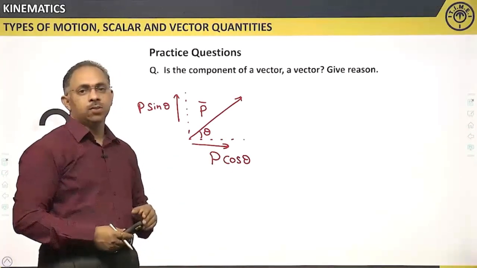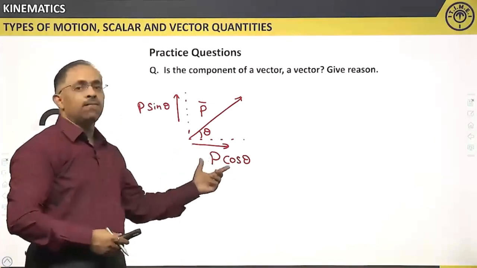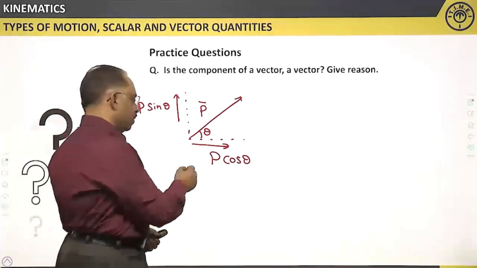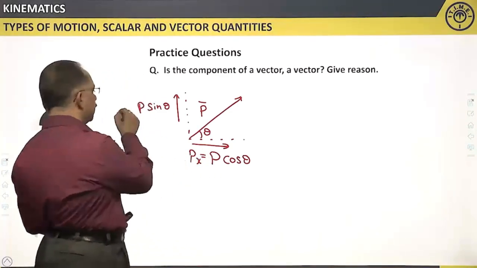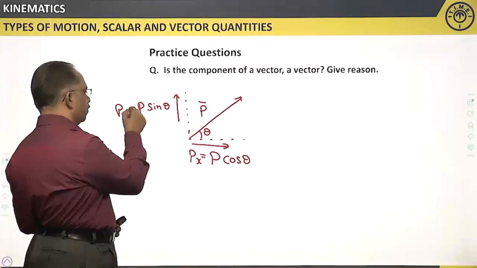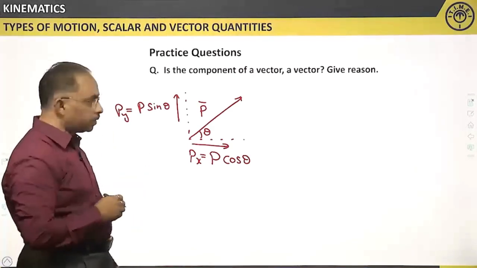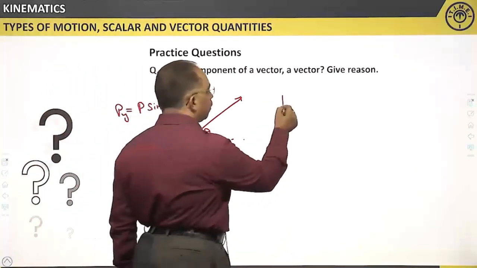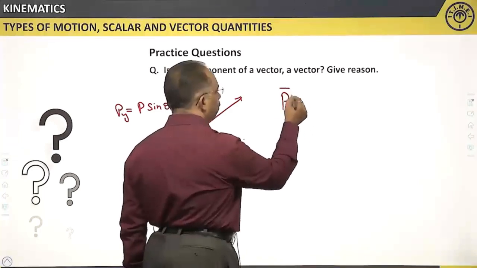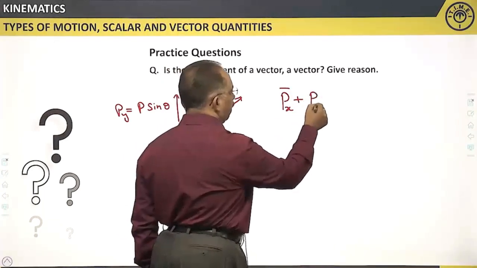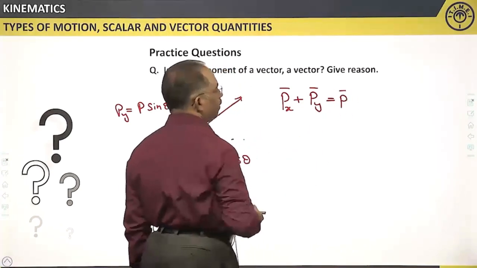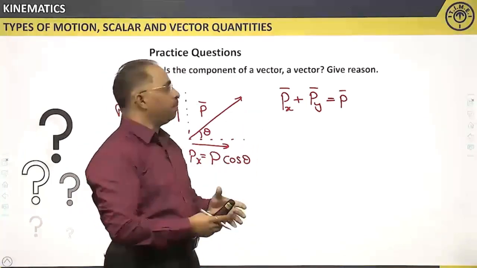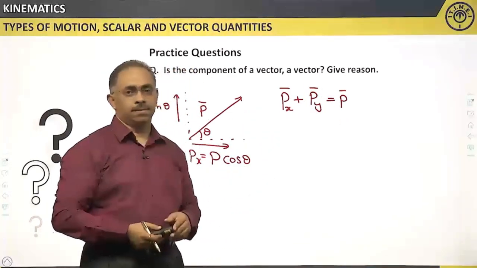Okay. So, if I want to write Px as the x component, and if I represent this as Py, then I can write Px plus Py is equal to P. It implies that I am adding these two and getting the resultant.